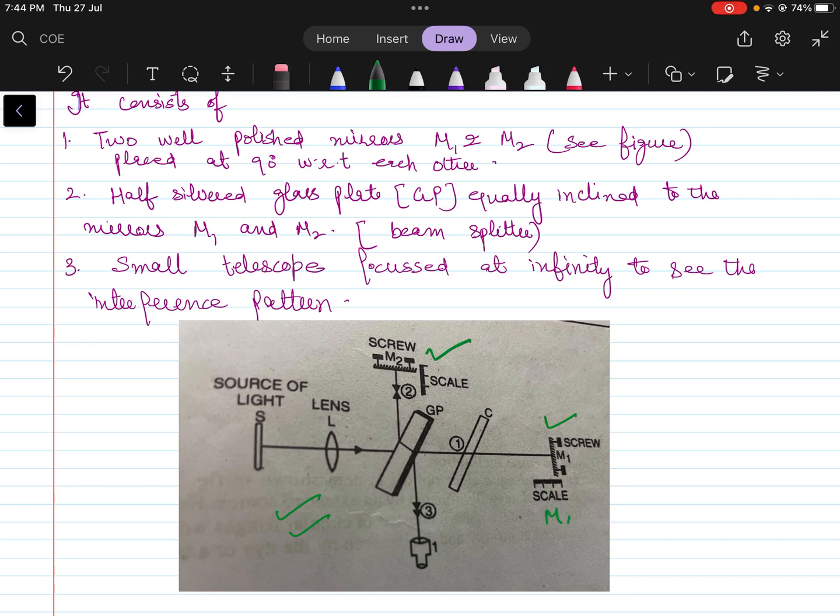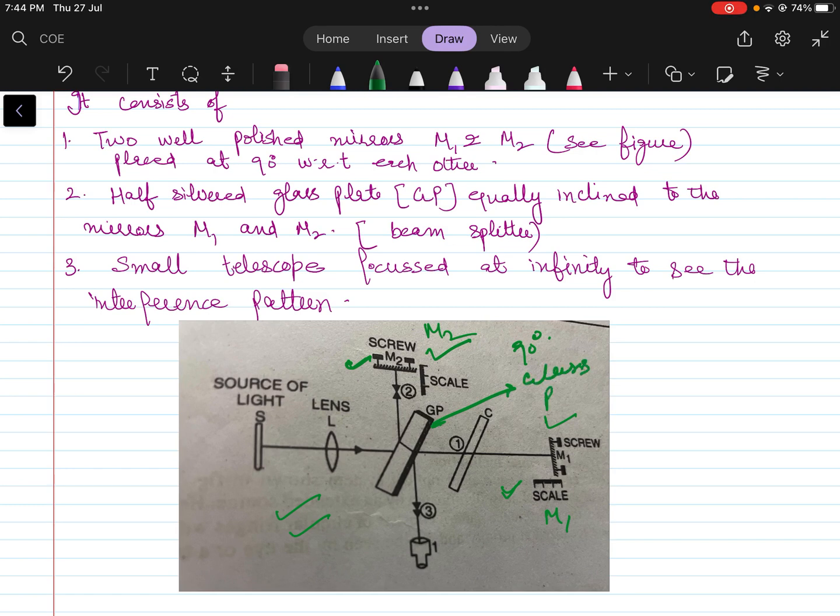This is the M1 mirror and this is the M2 mirror, placed at 90 degrees with respect to each other.